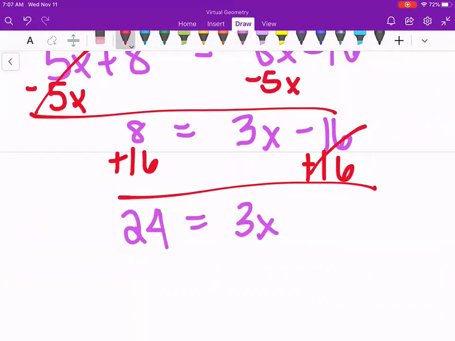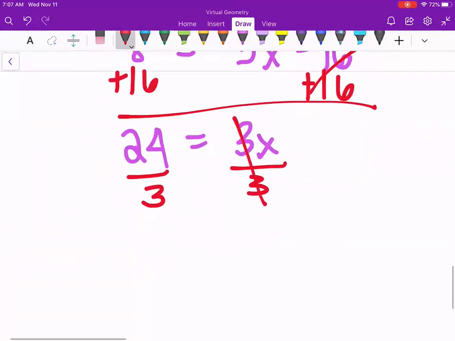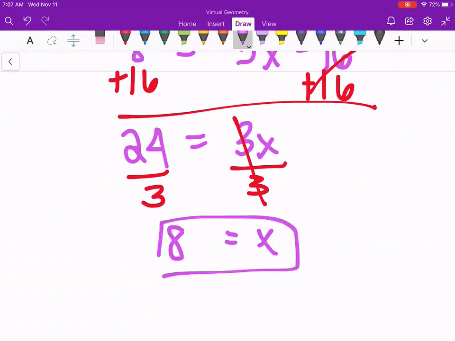To undo my multiplication, I can divide out by the 3. And my x is equal to 24 divided by 3, or 8. And there's my final. Again, that's using the congruent angle pieces that the angle bisector is making.